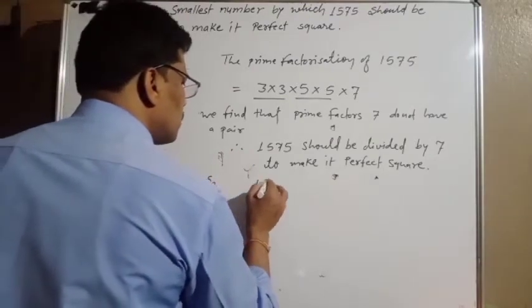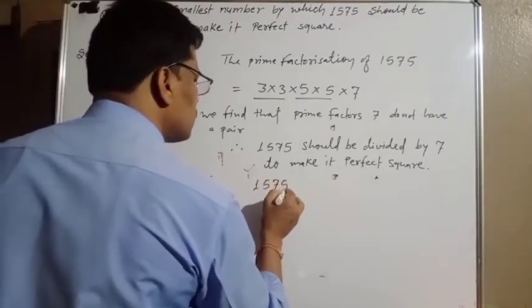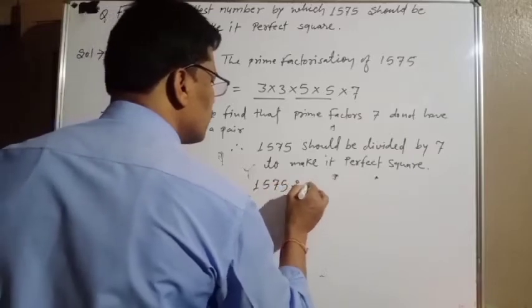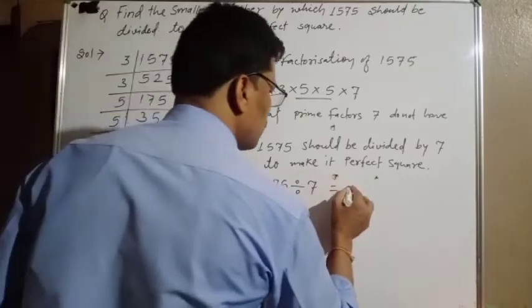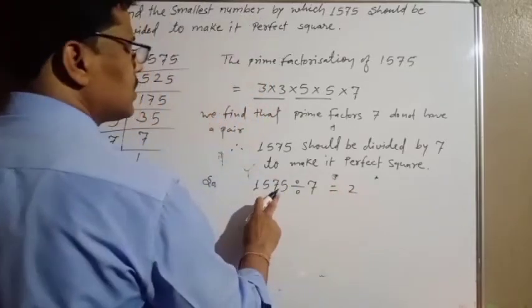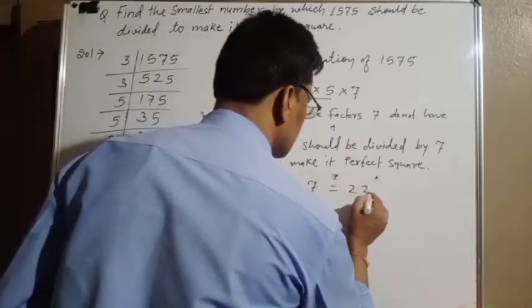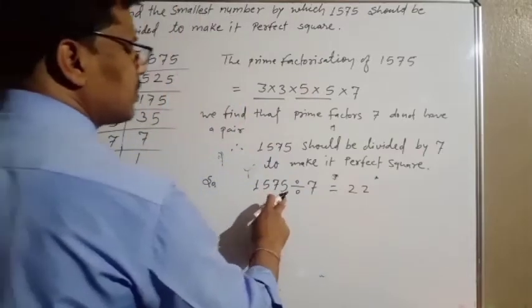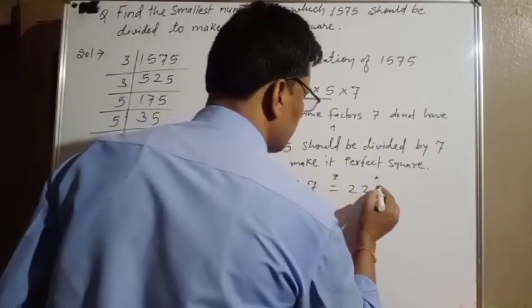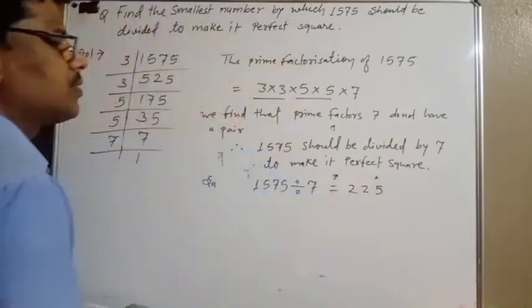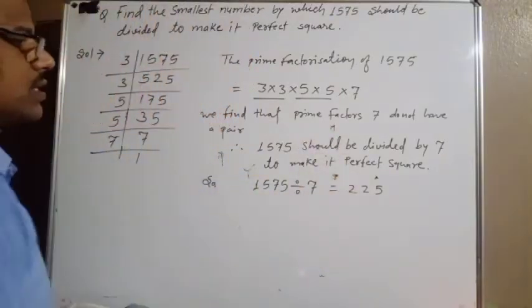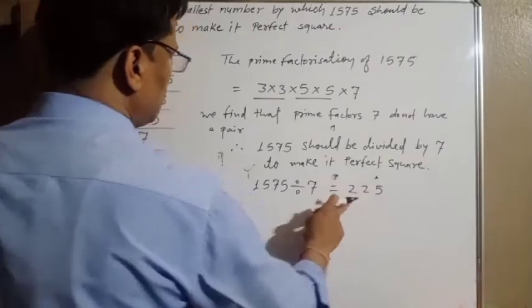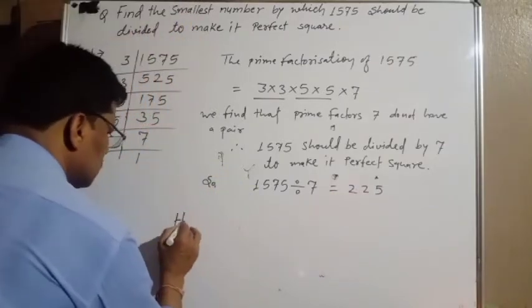So we divide 1575 by 7. 7 into 15 is 2, 1 will be left, 17, again 7 into 14, what will be left here? 7 5s are 35. Now we got 225. 225 is a perfect square number. It is the square of 15. Got it? At last you can write the answer.